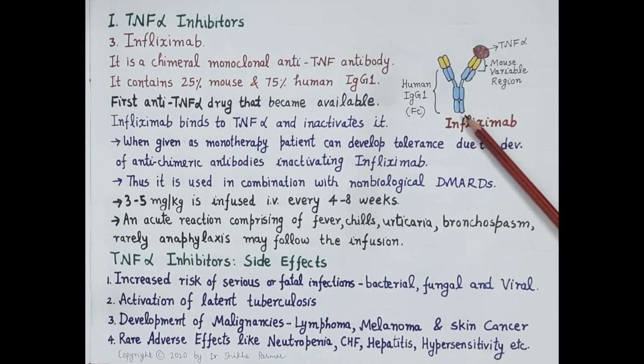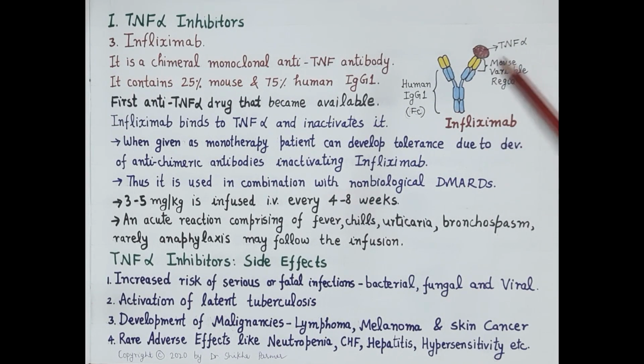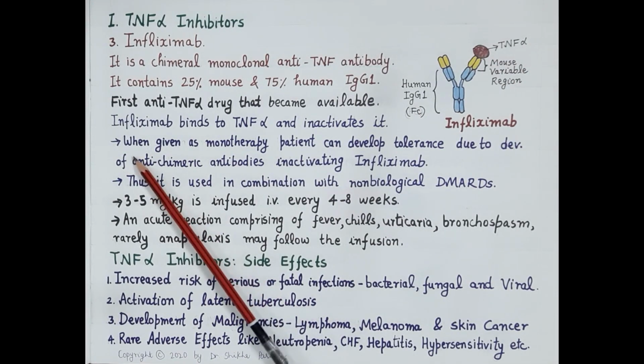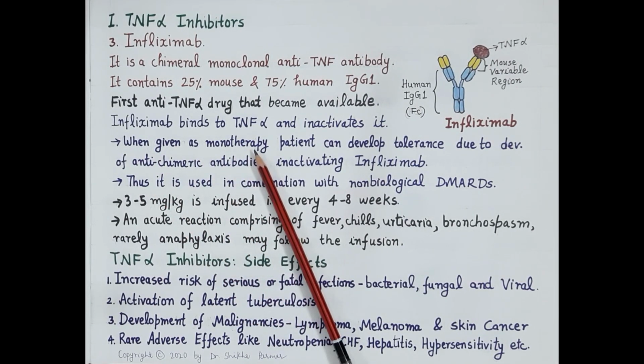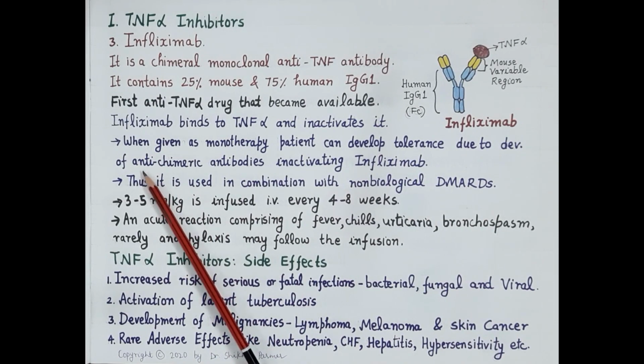Now infliximab is the first tumor necrotic factor alpha inhibitor that became available, and it binds to tumor necrotic factor alpha and inactivates it. When given as a monotherapy, patients can develop tolerance due to the development of anti-chimeric antibodies.